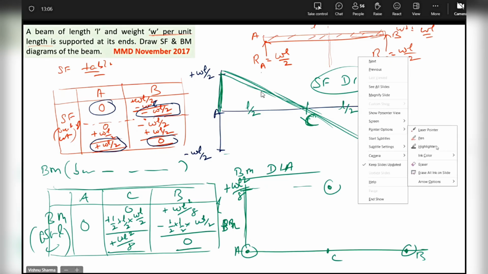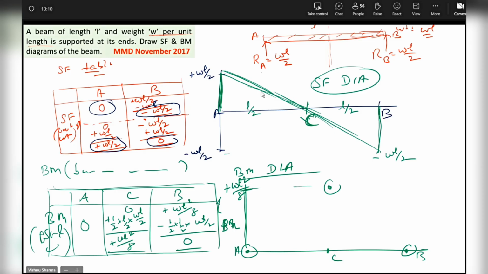Since we are integrating areas under a slanting line, it will be a curve. The first area is from base to vertex. It will be like this. And the mirror image of this would be on the other side. Exactly the same will be on the other side. This will be the BM diagram. This is BM, this is SF. Any questions, guys? There is no sharp point here. It's just like this, right?